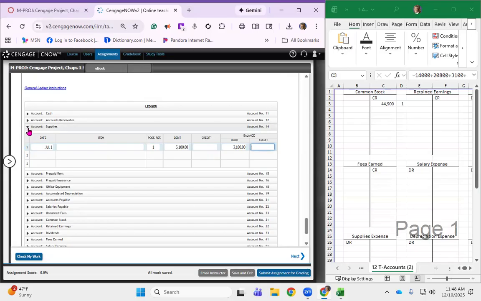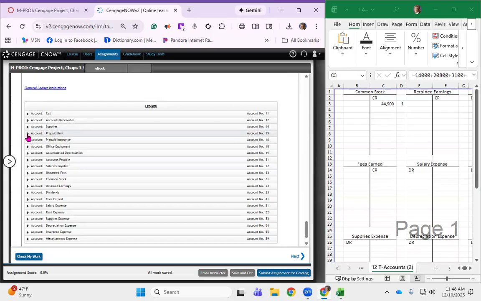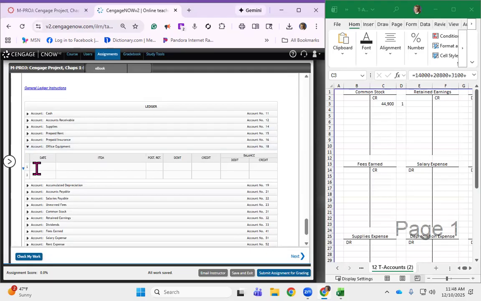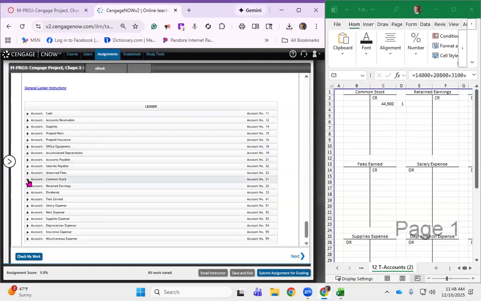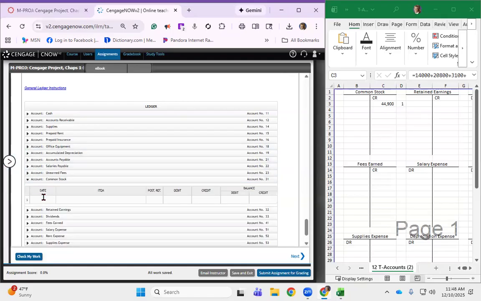So this is a brand new business. Then we're going to go to office equipment that they brought with them. Page 1 of the general journal, $7,000 worth of office equipment, which means we then have a balance of $7,000. I'm going to close that. My last account to be entered is the common stock.